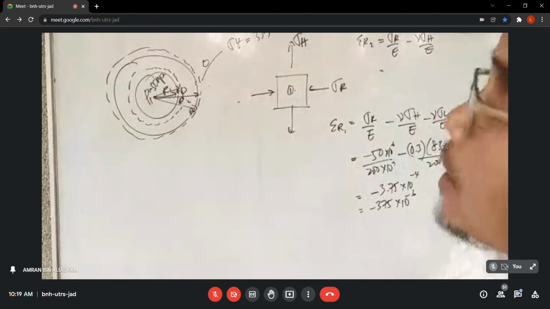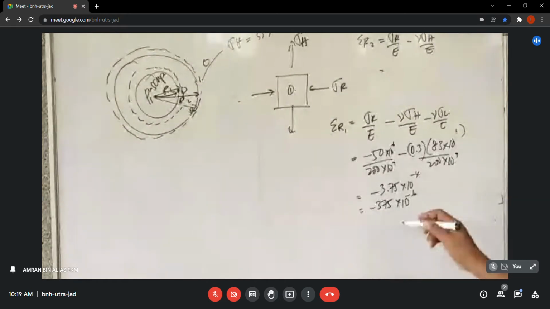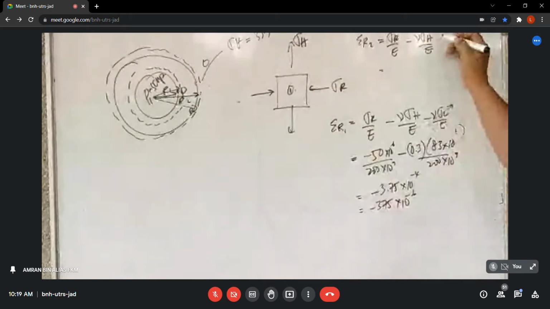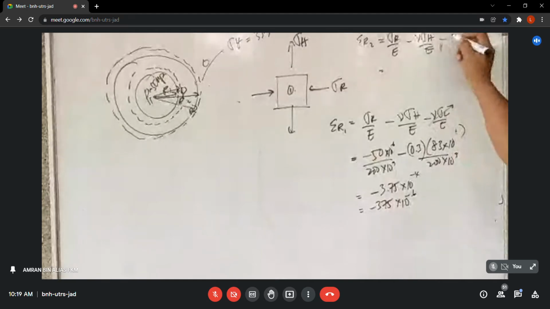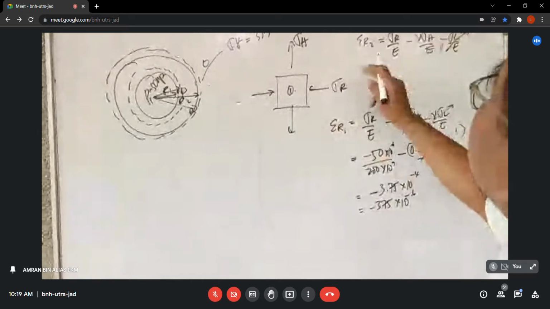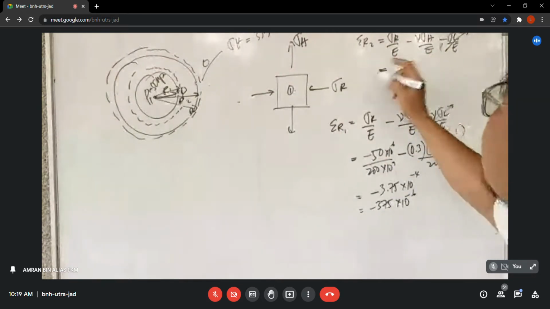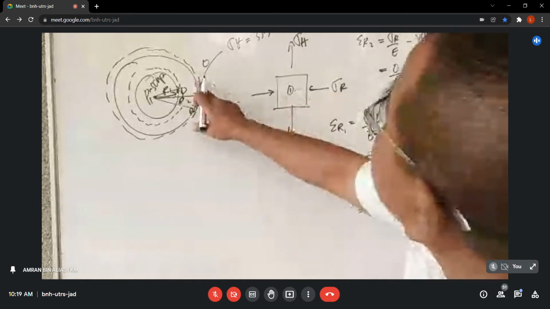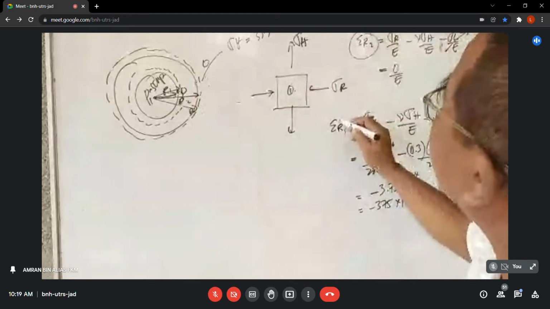Yes. That's value A. So let's say this is open. So this is 0, so this is also minus sigma L over E, 0. For this case, sigma R here is 0, 0 over E outside. Remember this R2 is R1.